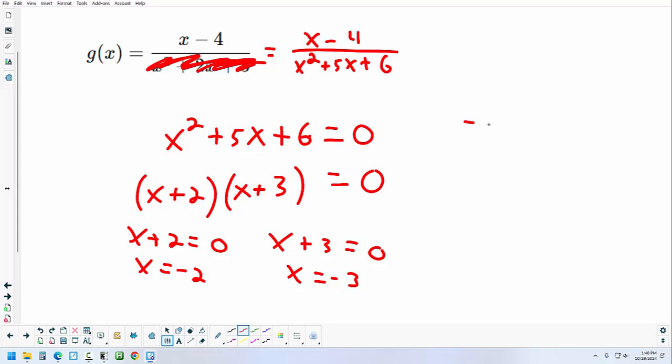So think of those numbers on a number line. There's negative 2. Here's negative 3. Can you use numbers lower than negative 2? Yes. That's fine. Can you use numbers between negative 2 and negative 3? Yeah. That's also fine. Can you use numbers above negative 3? Yes. So your domain here is going to be split into 3 sections.